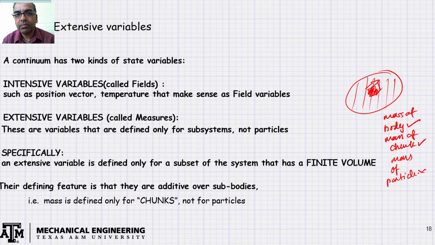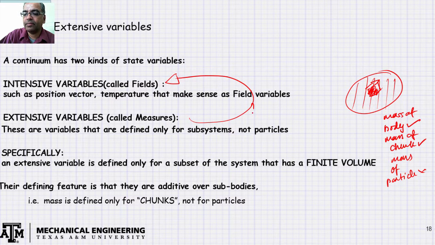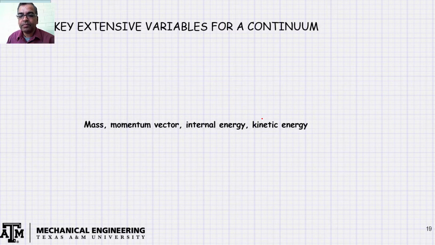But if you do that, you cannot do much in way of calculus. Calculus only works with field variables. So how the heck do we convert this into that? So we have a way of doing that, and that's actually a very interesting approach. So by the way, before we go, key extensive variables: mass, momentum vector, internal energy, kinetic energy.